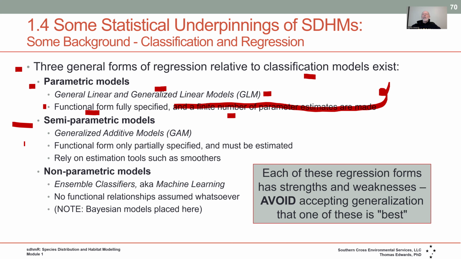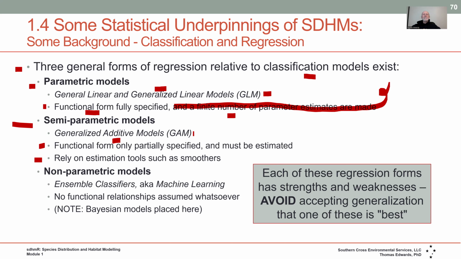The second class is called semi-parametric models. These are often referred to as additive, and there's a class called generalized additive models. In this case, the functional form is only partially specified and tends to rely on estimation tools such as smoothers. Now, what do I mean by that?